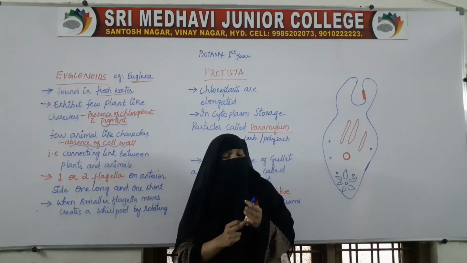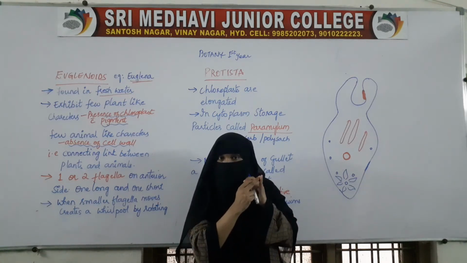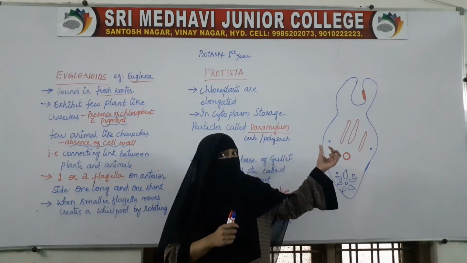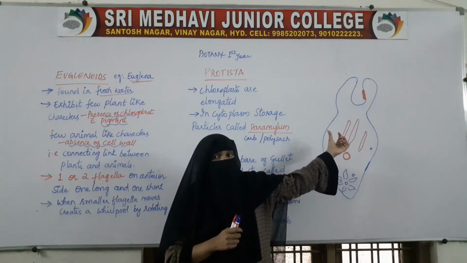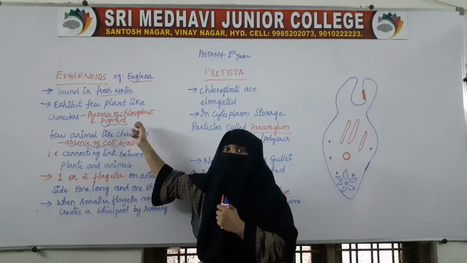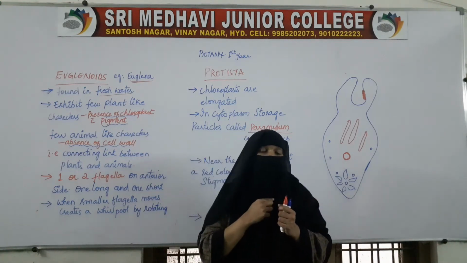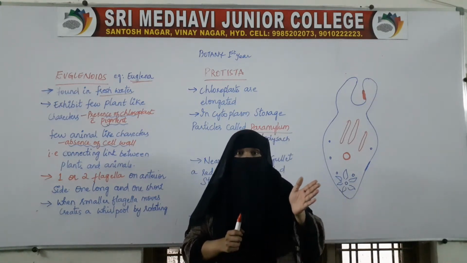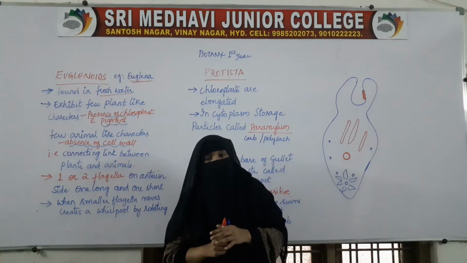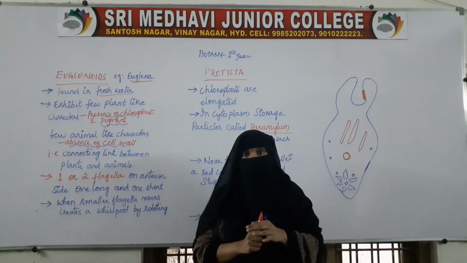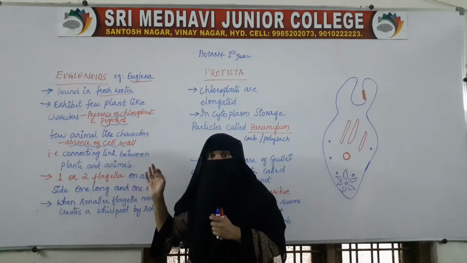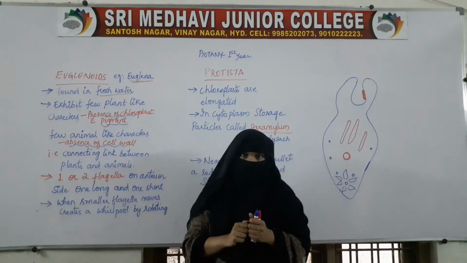In the third group, slime molds, there was no cell wall. Now the fourth group, Euglenoids, here also cell wall is absent. So that is why, when describing the cell wall characteristic, we said a few protists have cell wall and a few do not. So this Euglena is a connecting link between plants and animals.